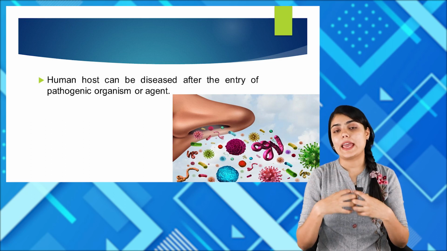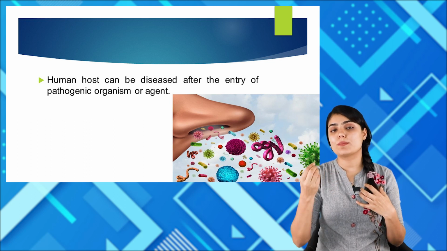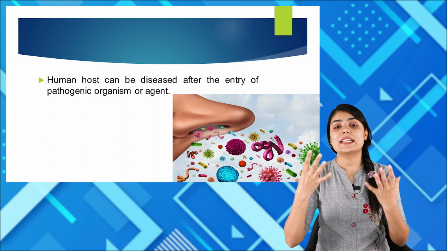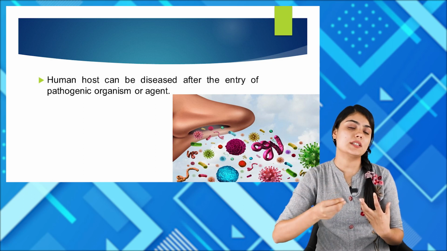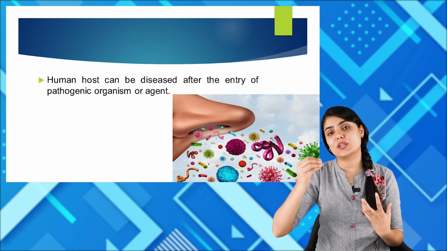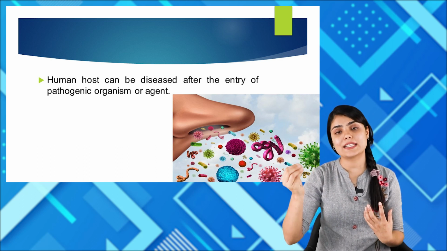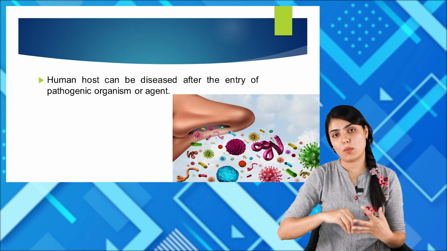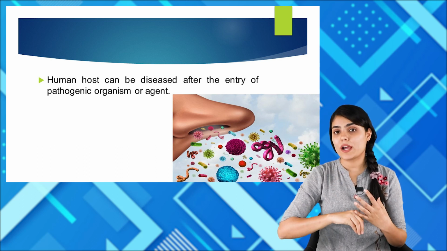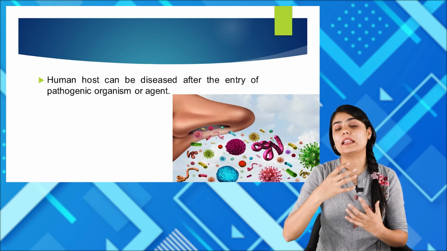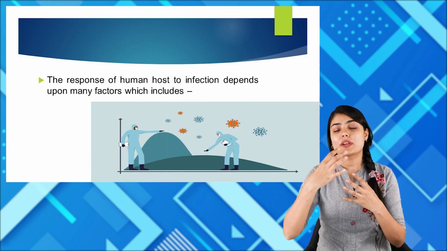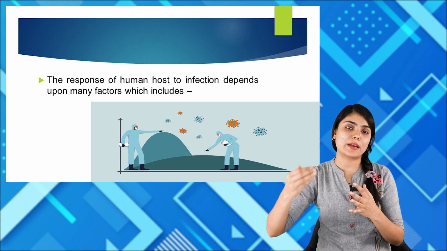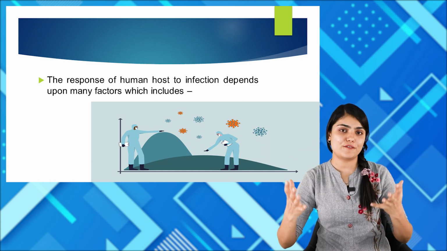For example, if I am a susceptible host and the microorganism enters my body, there is a high chance that I as a host may suffer from a certain kind of illness or disease that is produced by the microorganism that has entered and been sheltered in my body. So the entrance of microorganism may cause the disease in the human host. The response of the human host to the invasion of microorganism, to the entrance of microorganism, depends on various factors.